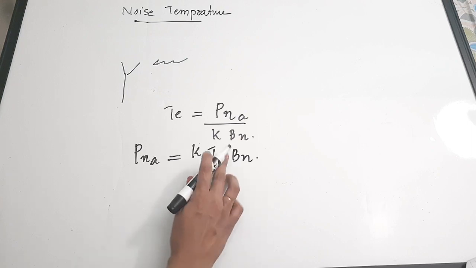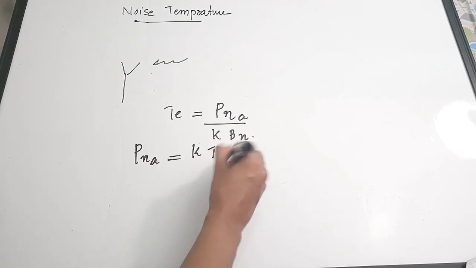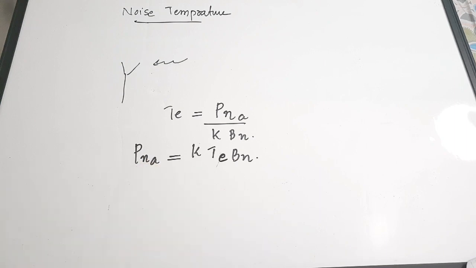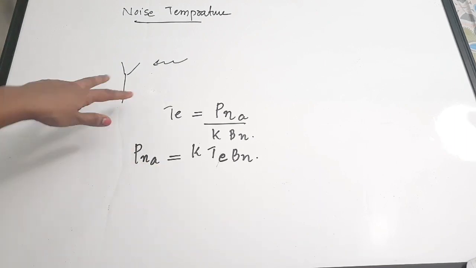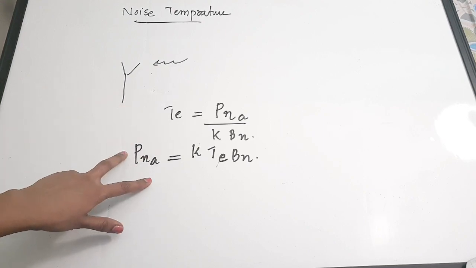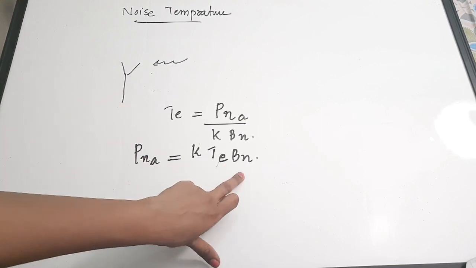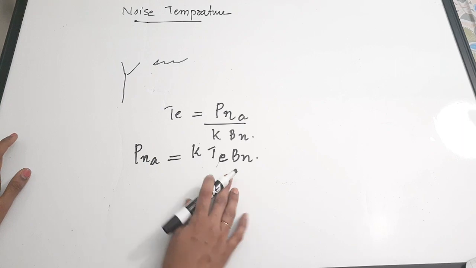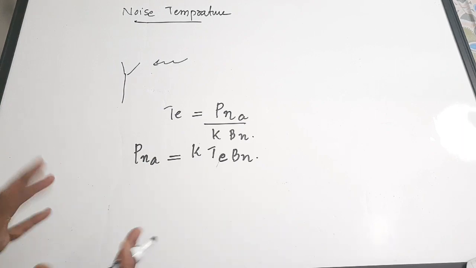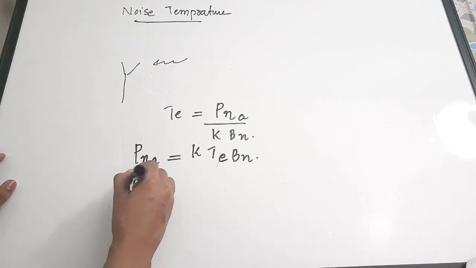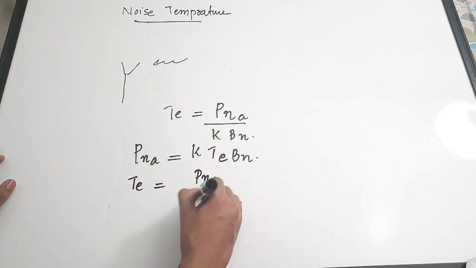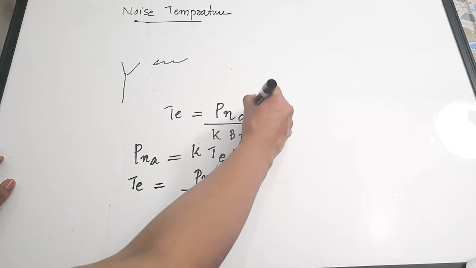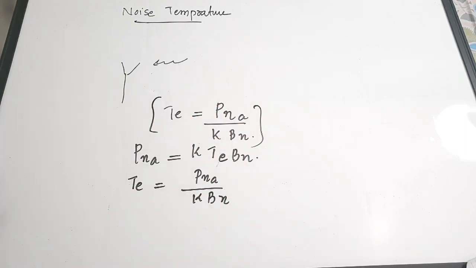So we'll call T0 as TE, that is the noise temperature. So this is the total noise power received by this antenna, and that noise power is given by K TE Bn, right? This is a general equation for noise which we have used till now. Now the T we can write in terms of noise power as PNA by K into Bn. That's what I have written here. I hope it is clear now.